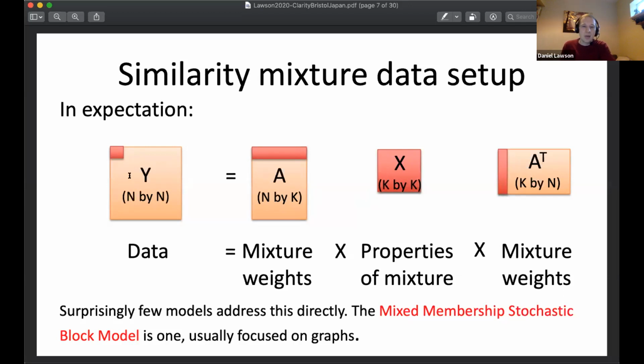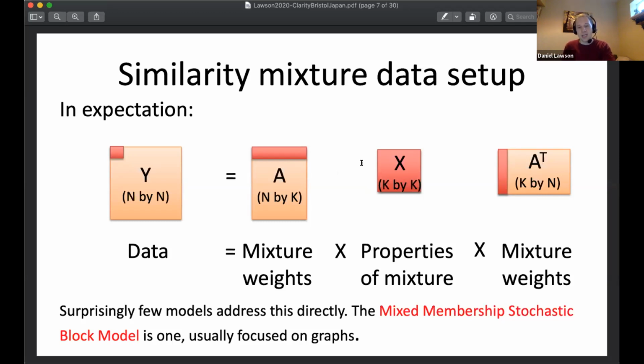And so now if we're interested in the value of one of these similarities that we observe, there is a kind of loss of this locality in X, because it depends on all of the values of X, because you pick up your similarities through every possible membership that you have. And this is not very well explored in the statistical inference literature.